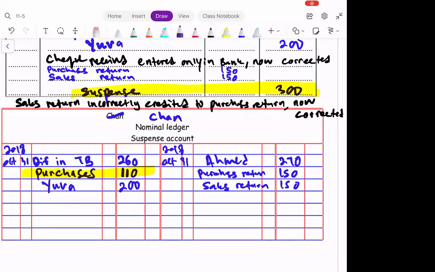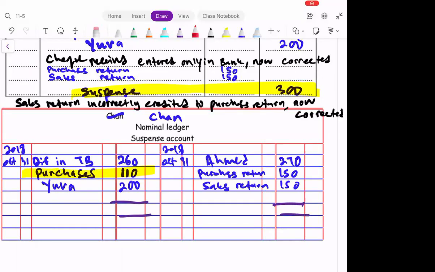Okay, now, moment of truth. If I total up the debit and total up the credit, I must get the same total. If I get a different total, then my suspense account is wrong. So can you take out a calculator and calculate my total debit and total credit, same or not same?